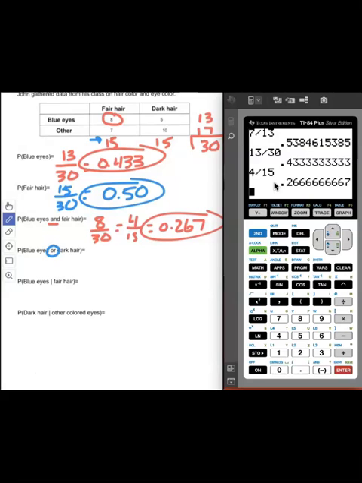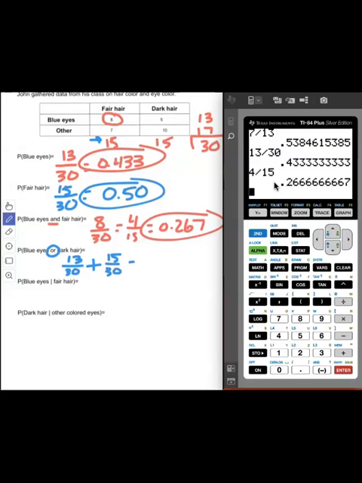If it says or, then we're going to do some adding. And we got to make sure that we don't have any double counting. And if we're careful, then we can get this correct. The amount of people that had blue eyes were 13. So there's 13 out of 30 people that had blue eyes. There was 15 out of 30 people that had dark hair, but there was some people that had both.